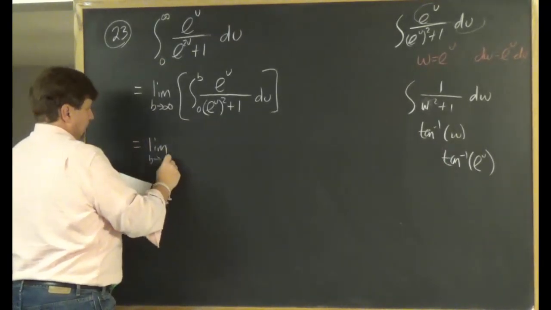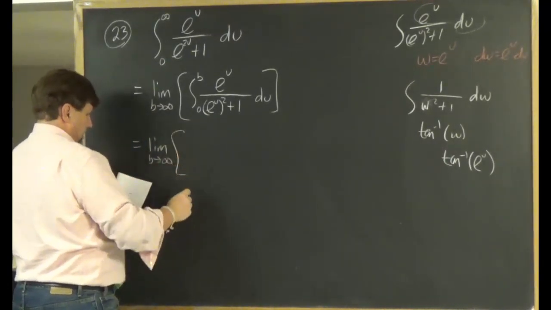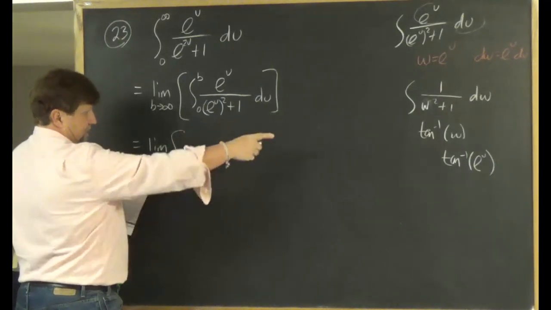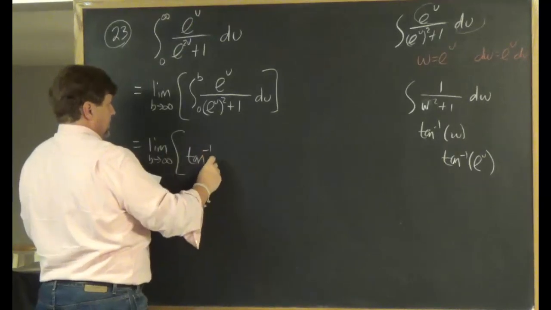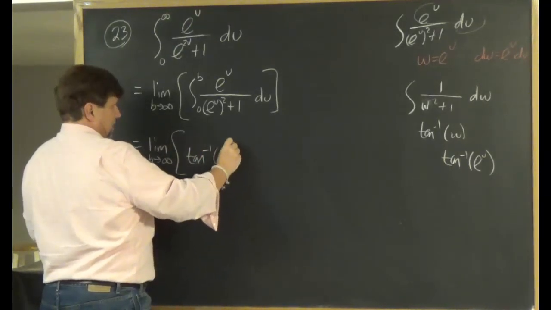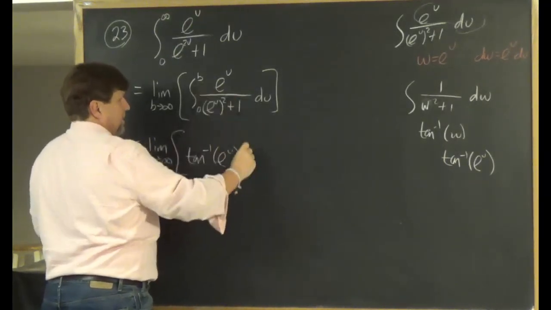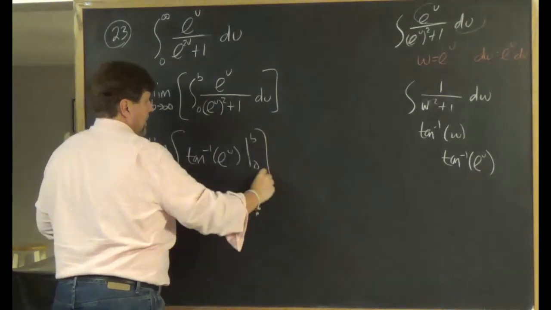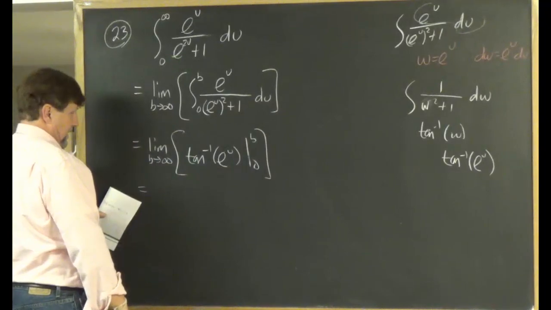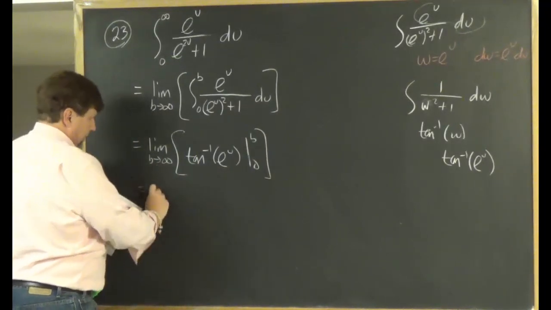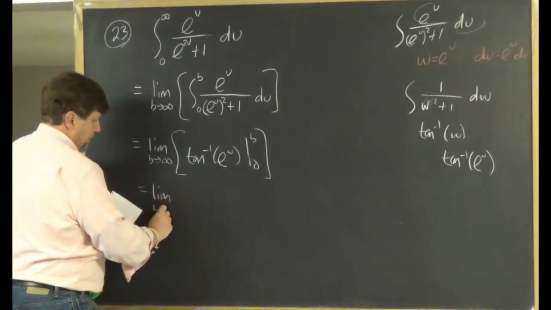So limit as b goes to infinity. I have inverse tangent of e to the u. Limits of integration are 0 to b. So I get, well, let me write down this. Limit as b goes to infinity.